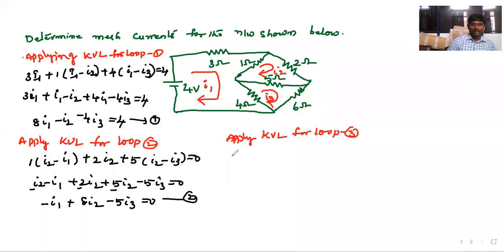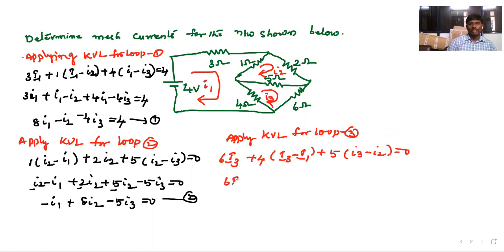Then you will get 6 into I3 for the self element, plus 4 into (I3 minus I1), plus 5 into (I3 minus I2), is equal to 0.